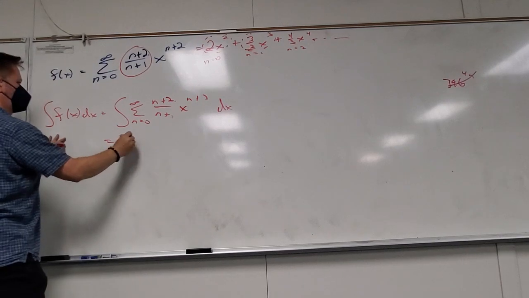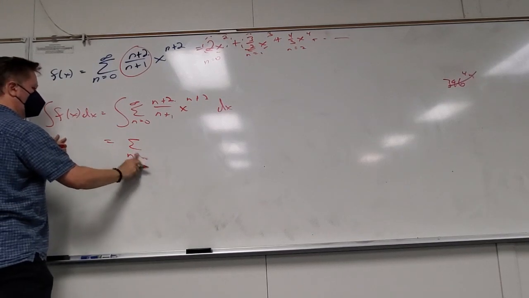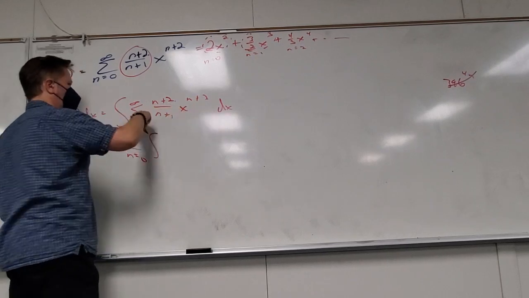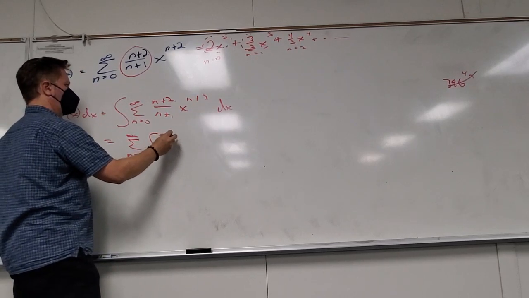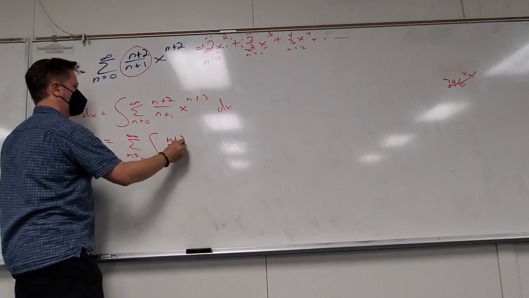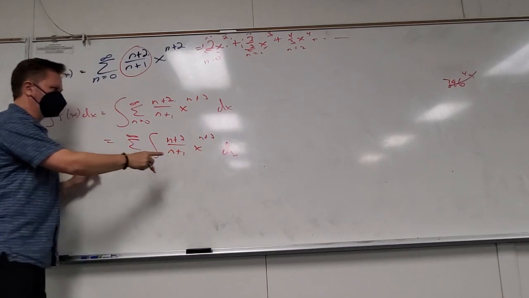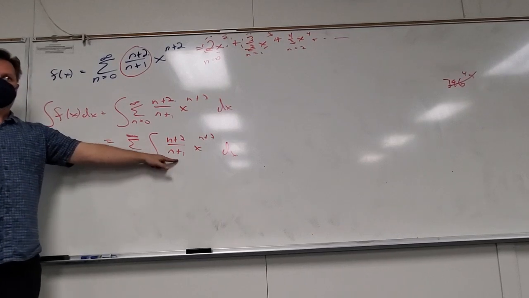And just to be really straightforward, I can switch the order of these because the integral only cares about x and the sum only cares about n. And then I've got this here, which really puts it in your face that this is a constant.